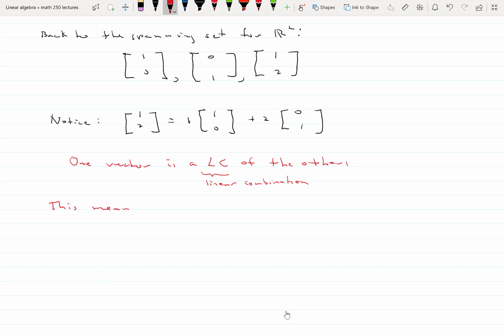This means that the vectors (1, 0), (0, 1), and (1, 2) are called linearly dependent.